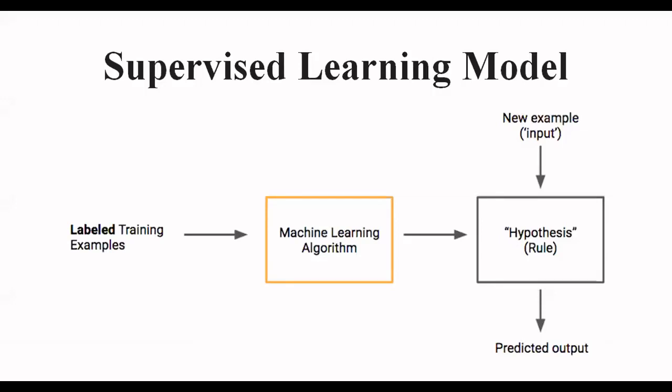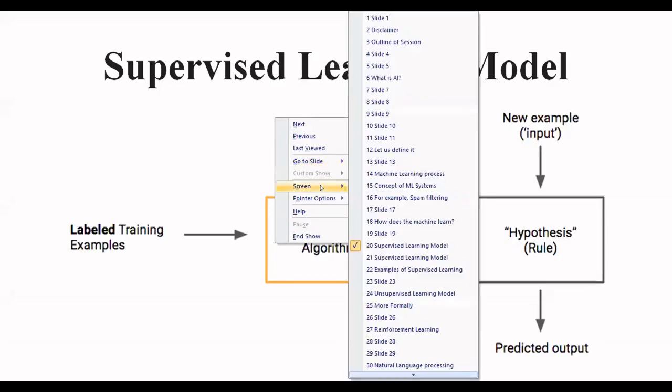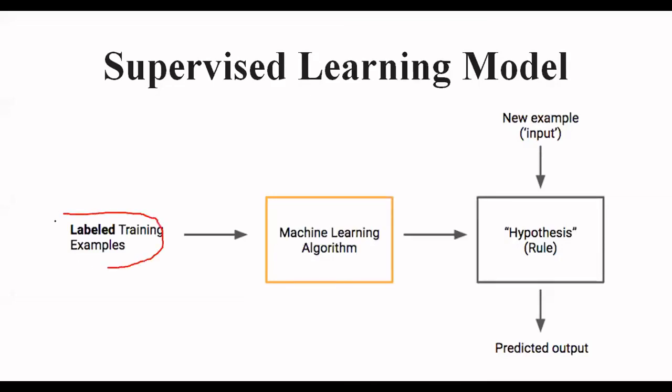I will collect 1,000 photos of cats and 1,000 photos of dogs and label them as cat or dog. This labeled training data is given to the machine learning algorithm, which gives me a hypothesis or rules for what kind of images are dogs and what are cats.